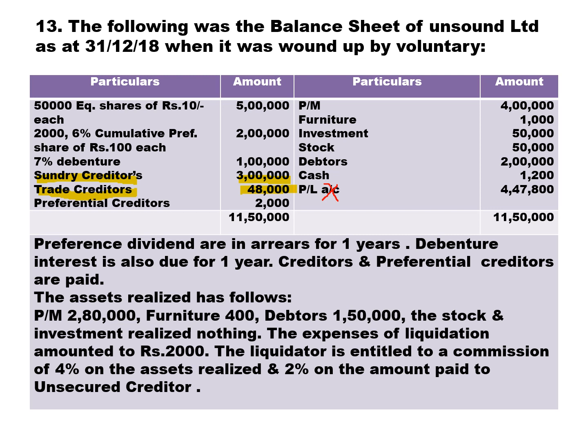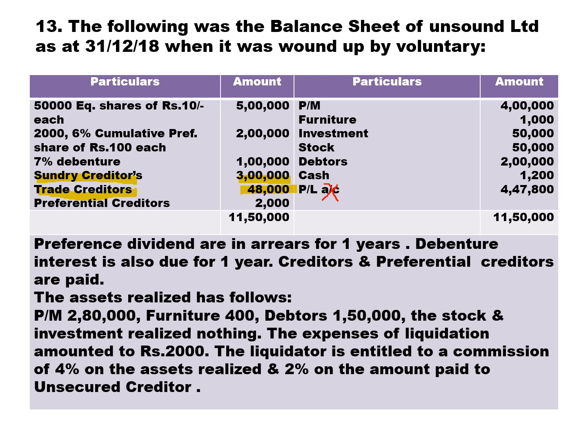Creditors and preferential creditors are paid, means unsecured creditors and preferential creditors are paid. So unsecured creditor is 3,48,000. Preferential creditor is 2,000. Totally 3 assets are realized. What are the assets realized? Plant and machinery 2,80,000, furniture 400, debtor 1,50,000. Stock and investment realized nothing.